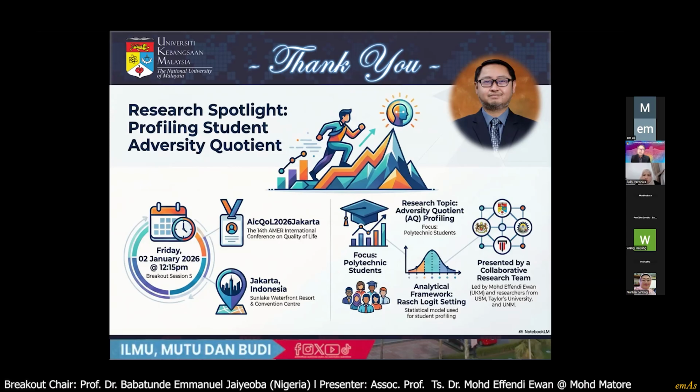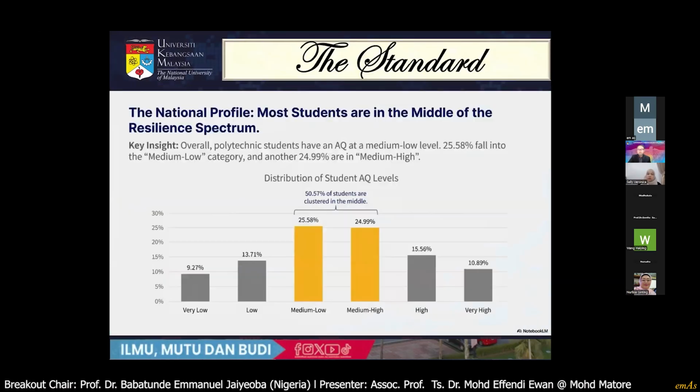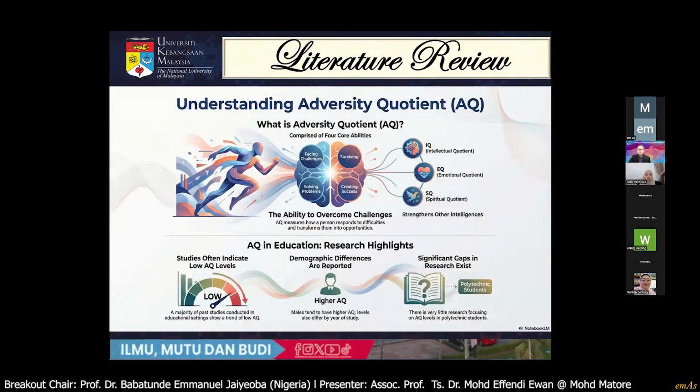Now, when you are breaking down AQ, you mentioned three things: IQ, SQ, EQ. Does this framework that was developed, which is better than the Likert scale, break down these three components of AQ?